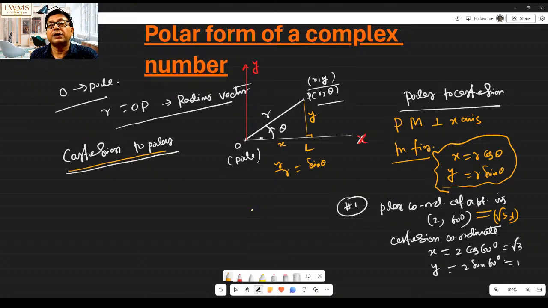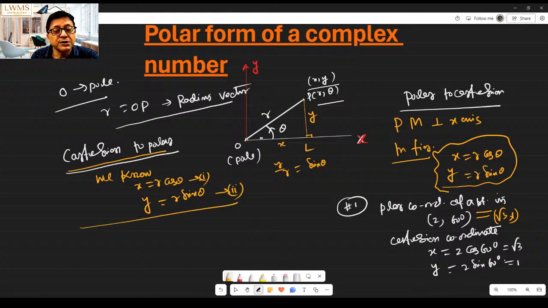Now, how do you convert Cartesian to polar? If the Cartesian coordinate is given, how do you get the polar coordinate? You start with this equation. We know x equals r cos theta and y equals r sin theta. So just squaring and adding, what do you get? x square plus y square equals r square.